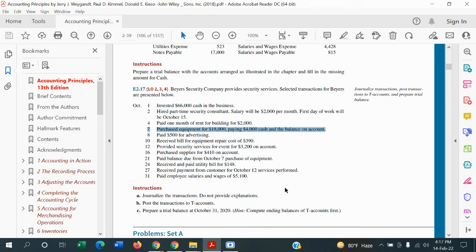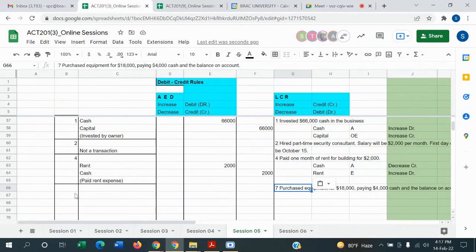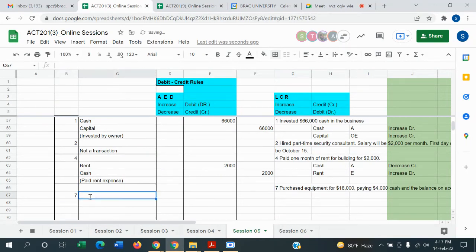Purchased equipment for 18,000, paying 4,000 cash and the balance on account. Sir, equipment, cash, and accounts payable. Equipment, an asset increase, should be debit 18,000.